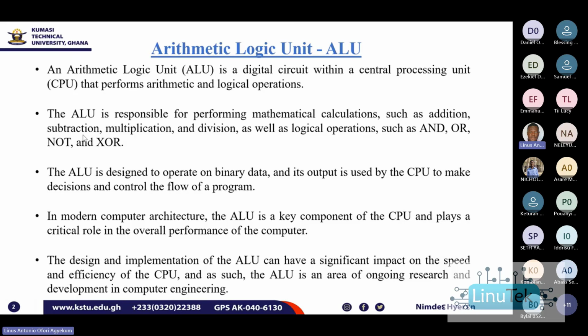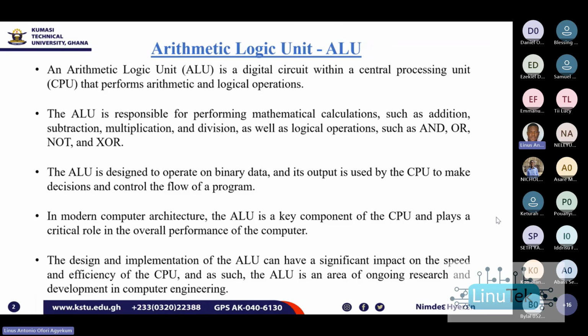Now, if you remember in our previous lecture, we talked about the functional units of the computer, where we mentioned that the functional unit comprises the input and output units, the memory, and then the processing unit or the processor, where we had the ALU and then the control unit.